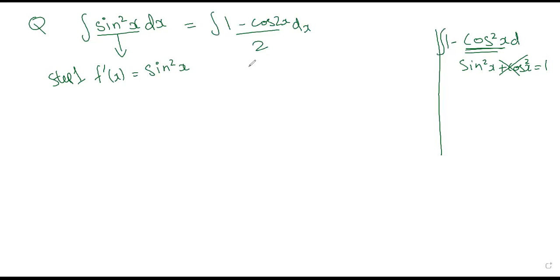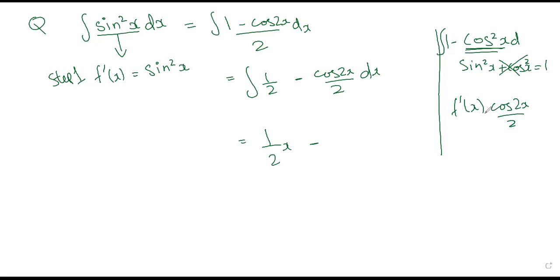Now you will have 1 by 2 minus cos 2x by 2 dx, and now you will write down 1 by 2x minus, what is the integration of this? Okay, so what if this is your f derivative function, right?